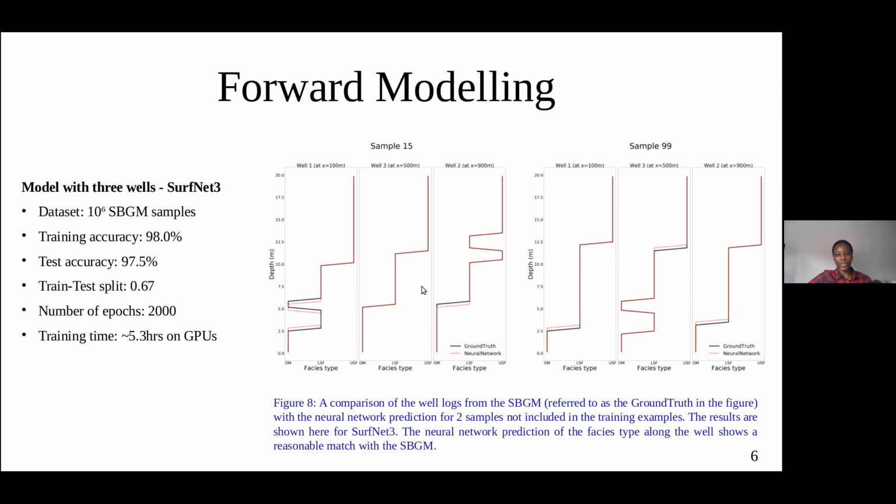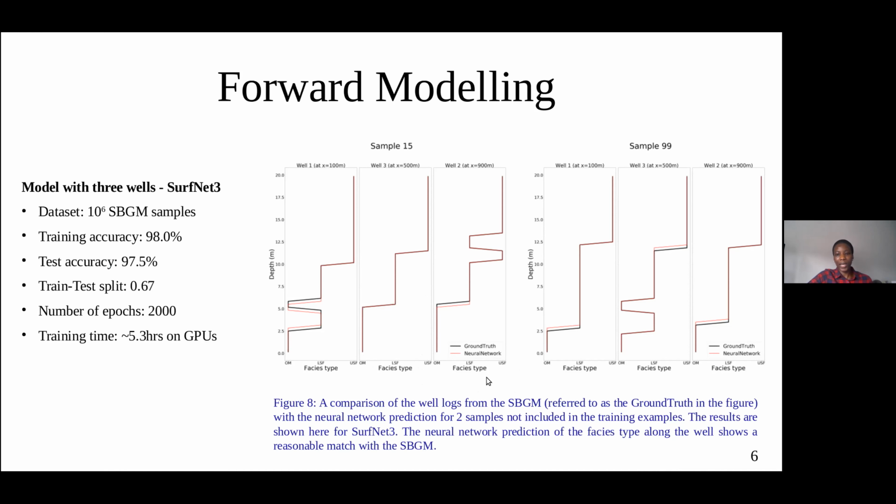These are different surface-based models where we've sampled essentially 3 wells, and we've trained a network to predict the facies type at those 3 wells, and we can see that we're able to do that reasonably well.